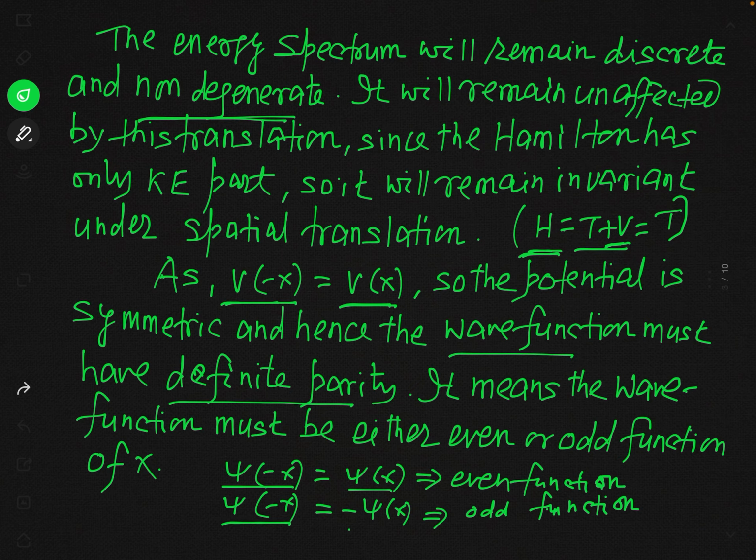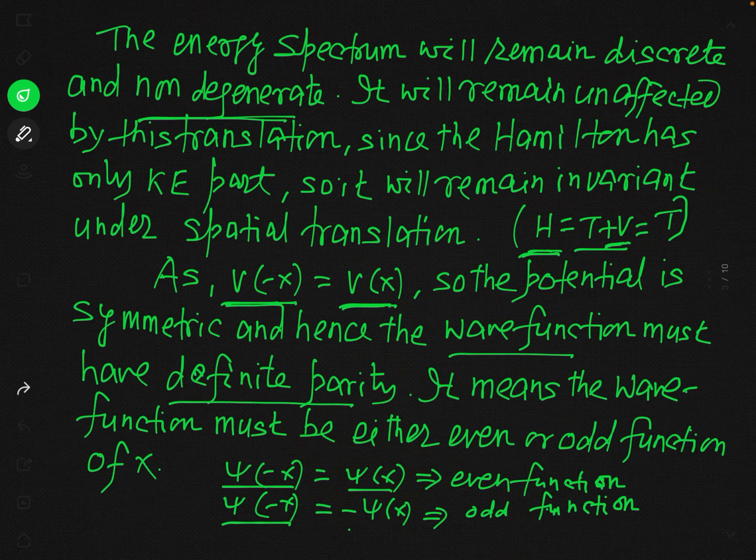And as I have told you, this is a case of symmetry, and in case of symmetry the potential V of minus x is equal to V of x. So we say that the potential is symmetric. As I told you earlier, in case of a symmetric potential the wave function must have definite parity. So we will have two types of eigenfunctions in this case: the wave function with even parity and the wave function with odd parity.